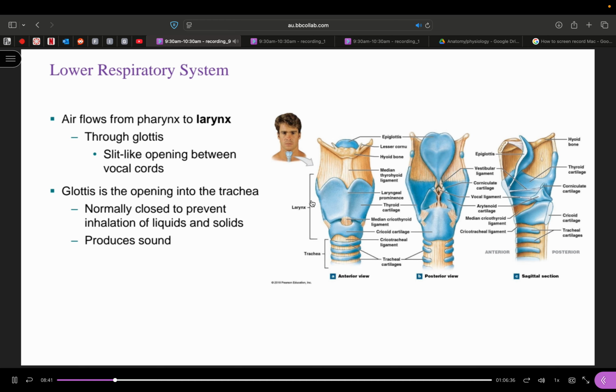Is everyone keeping up to date with the content, in regards to all the different terms and language? Is everyone finding it okay? Yep, fantastic.